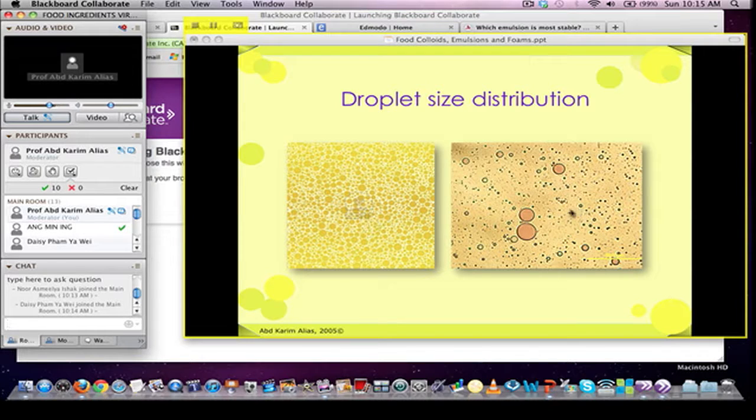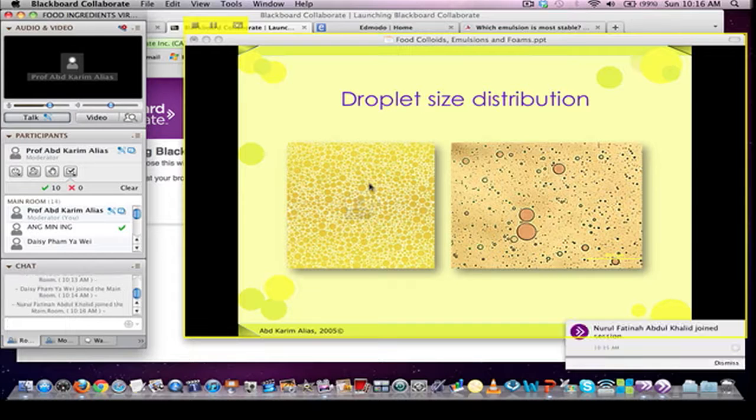This is actually what will happen after we prepare the emulsion, and it depends on how fast the emulsion will change in the droplet size distribution, depending on the stability of the emulsion. Okay, so later we will discuss emulsion stability.